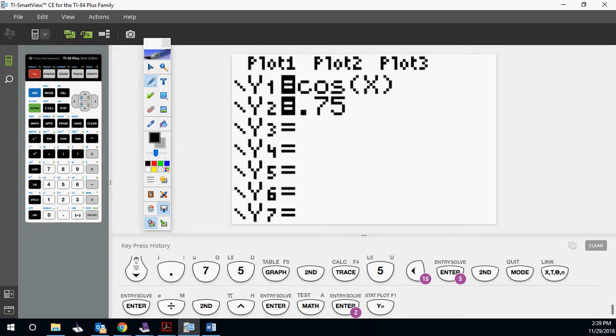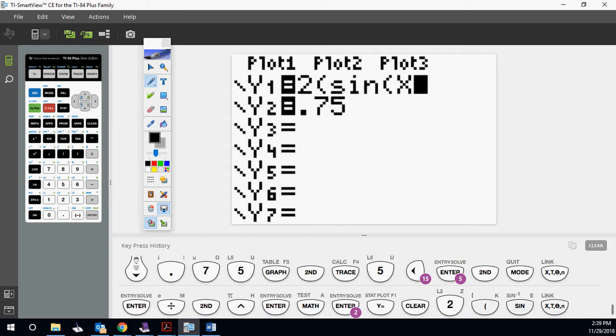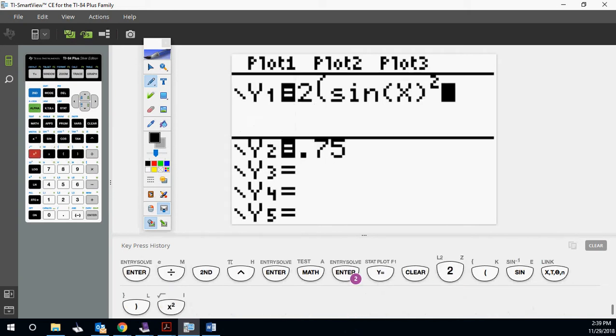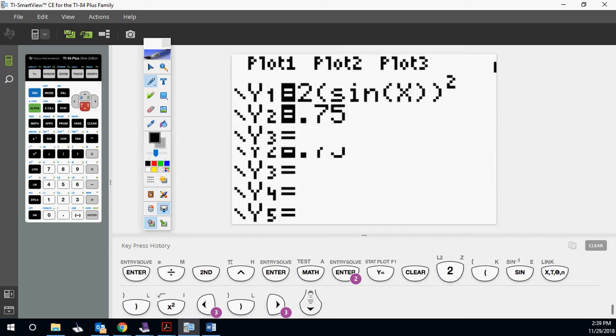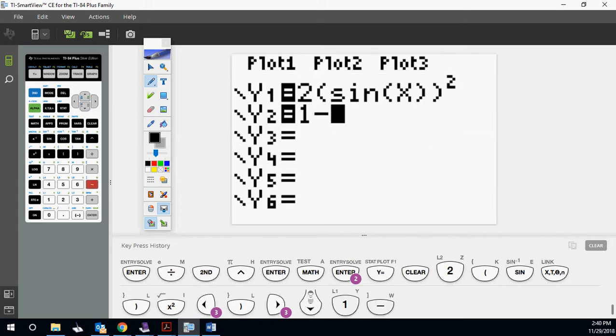To put that in, you go 2, bracket sine x, and then square that. I like to put one more bracket in, like that. There you go, that's 2 sine squared x. Then you put 1 minus sine x in the other one.